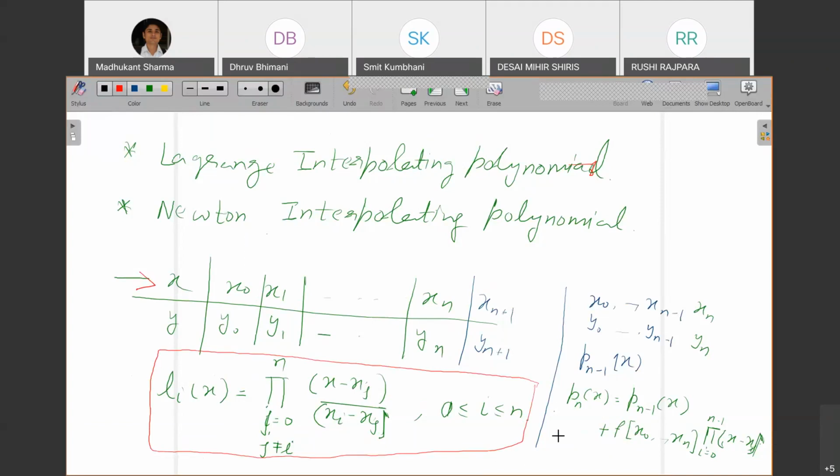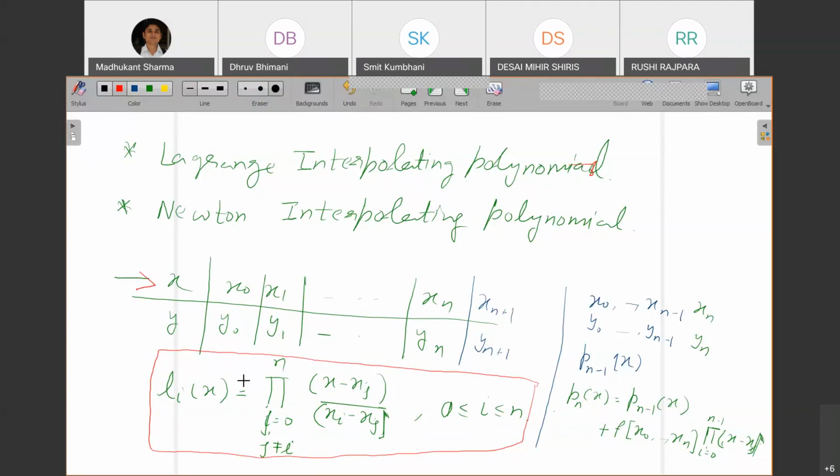What is changing is y0 to yn, because at different times the experiment will give you different results, first time experimented, second time experimented, and so on. So in that case, the Lagrange interpolating polynomial is more favorable. Lagrange interpolating polynomials have the advantage over the Newton interpolating polynomial.